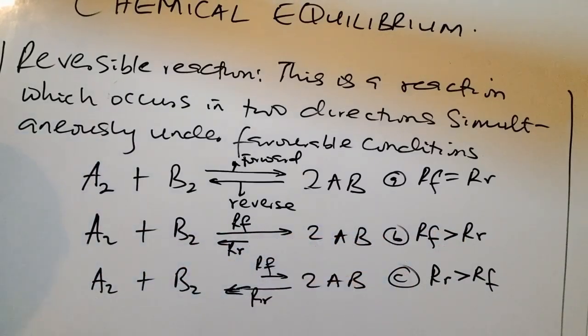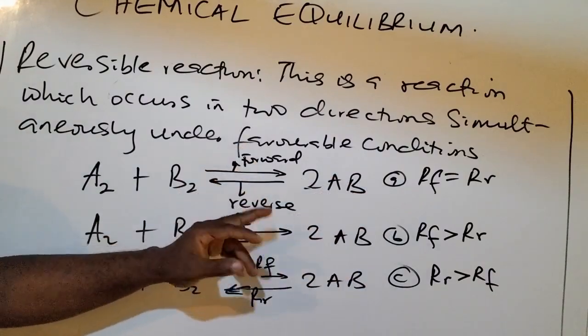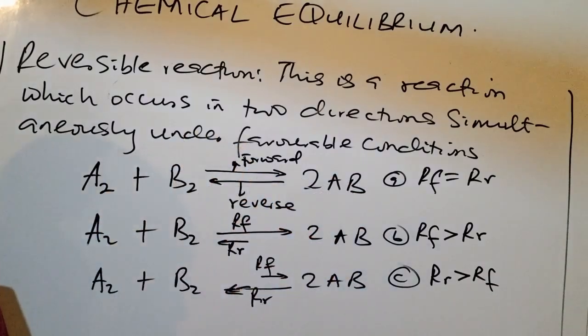In the third example, you see that the rate of reverse is longer or faster than the rate of forward. What it means is that you have more reactants and lesser products. But in the first example, it appears that the two rates are equal. That is what is meant by dynamic equilibrium in a reversible reaction.